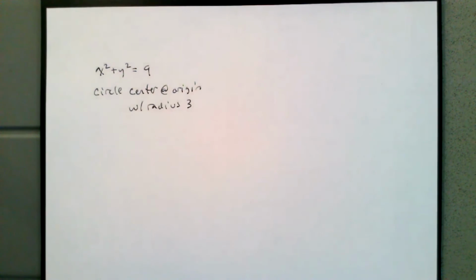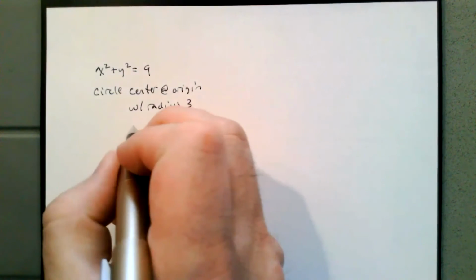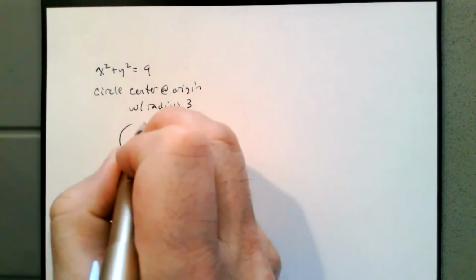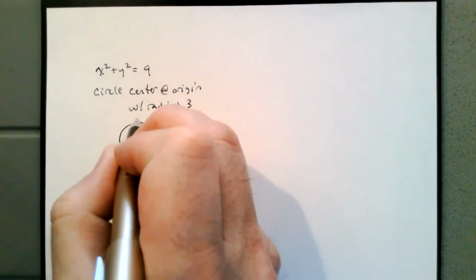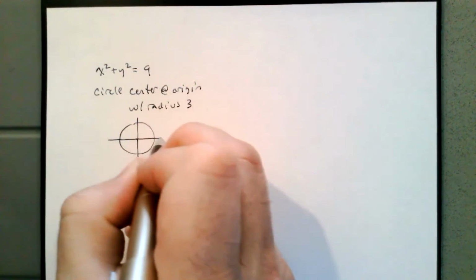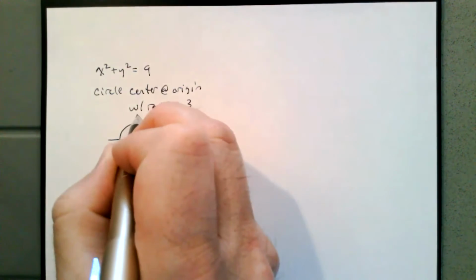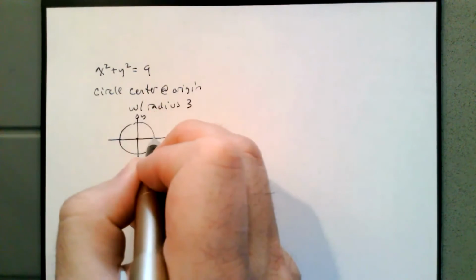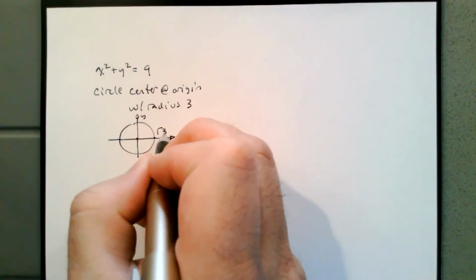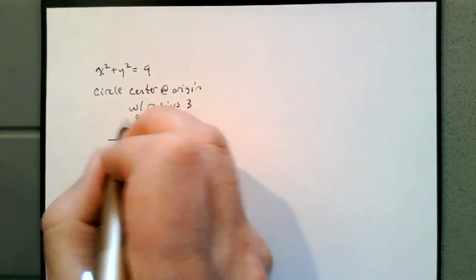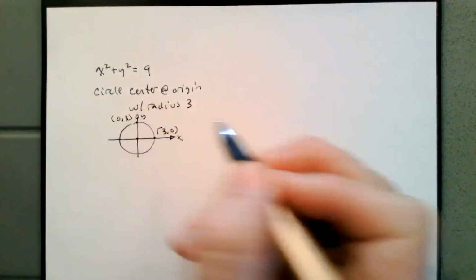So this point will be at 3, 0. This point will be at 0, 3.